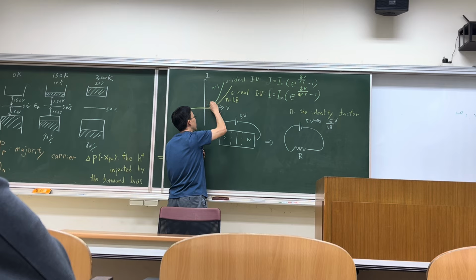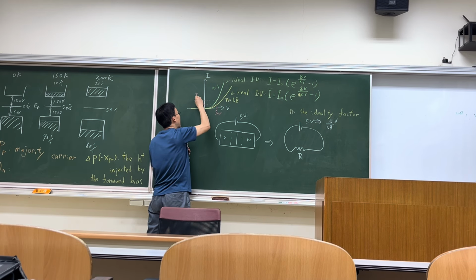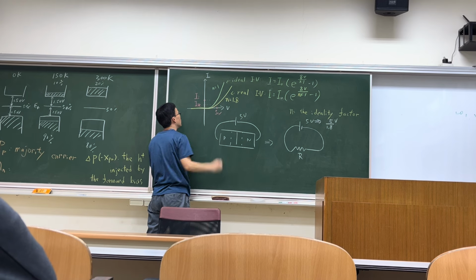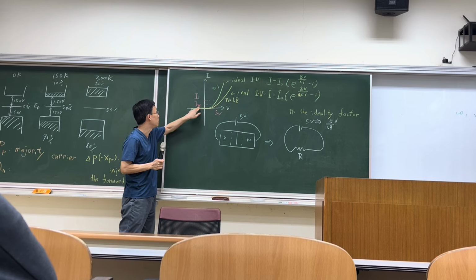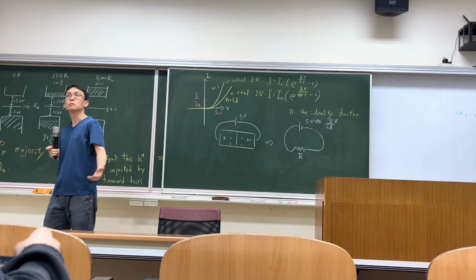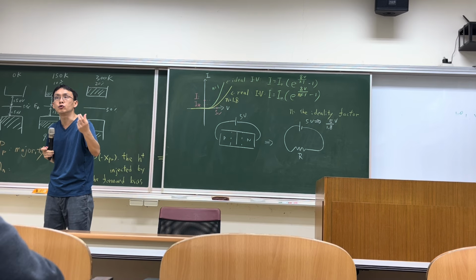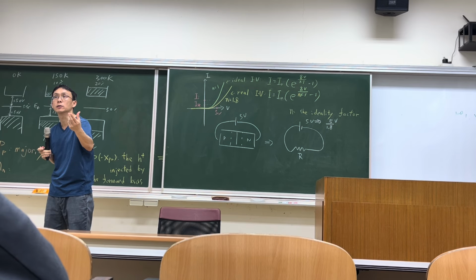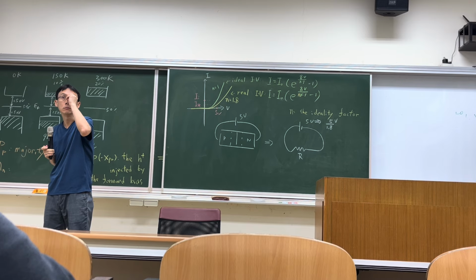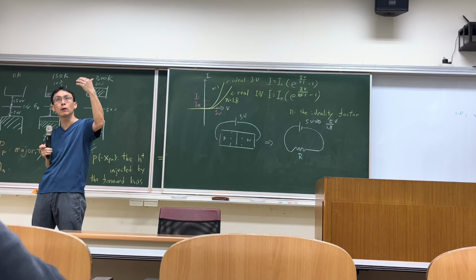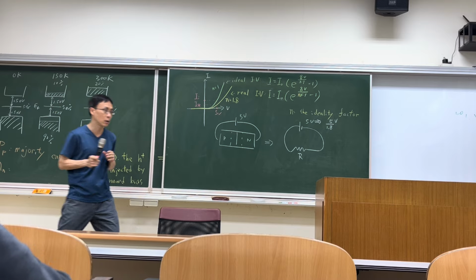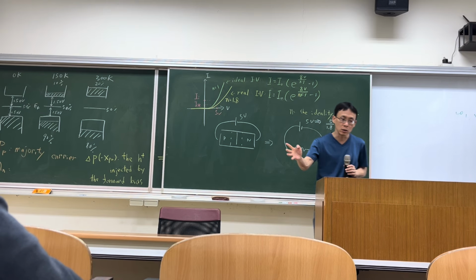But in reality, you have only here, right? So this is ideal. This is real, right? Ideal and the real. What happened? Why did you lose some of the bias applied to the PN junction? Something wrong. Otherwise, you're supposed to have a higher current, right? So here is the issues.